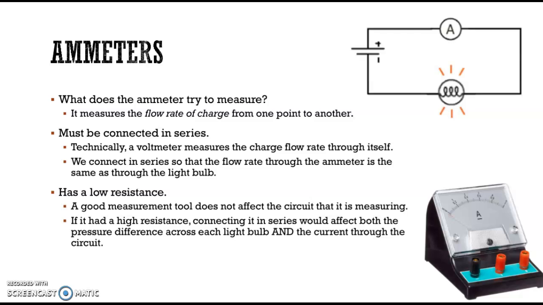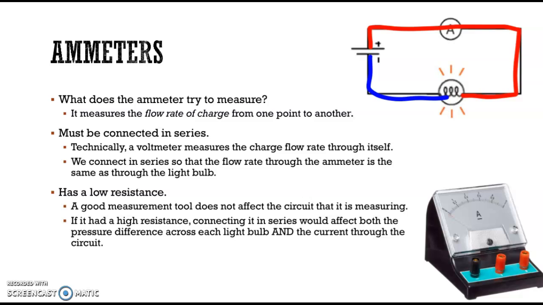In order to do that well, it must have a very low resistance. If it has a very, very low resistance like the wire, then we could color code it like this, and the ammeter did not really have an effect on the circuit that we're measuring. It's just measuring the current that's going through that without changing the electric pressure anywhere.